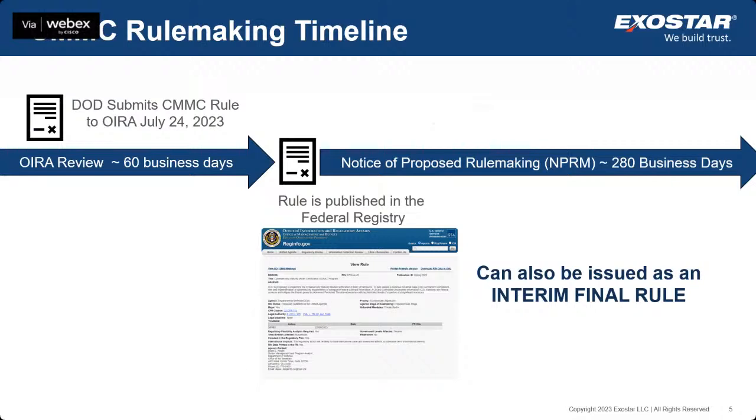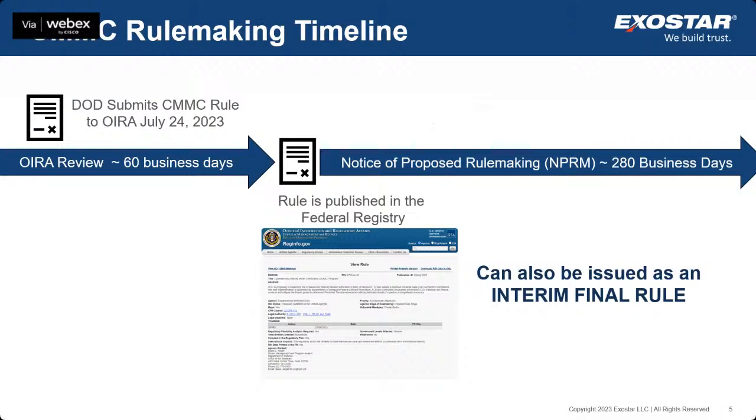They're currently in the review period, and that takes approximately 60 business days. That means we should see a release of that rule and it get published in the Federal Register sometime fairly soon, because it should be at the end of September or the beginning of October.